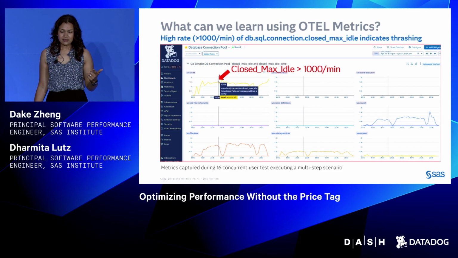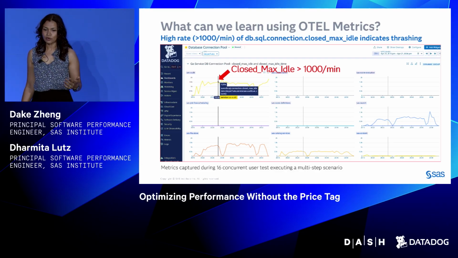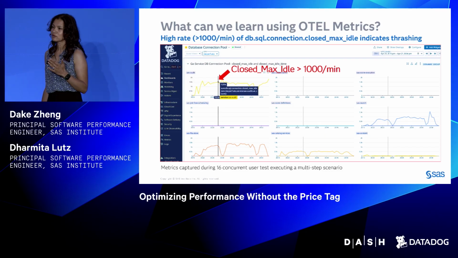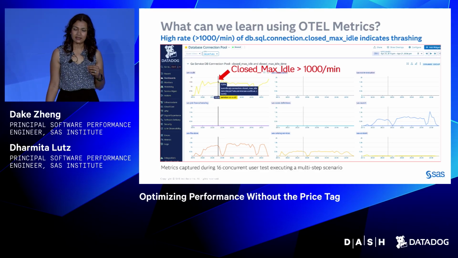But on the same test, using the same dashboard, we looked at one other metric. It was a db.sql.connection.closed_max_idle metric. And it was very high. We were closing over 1,000 connections a minute.